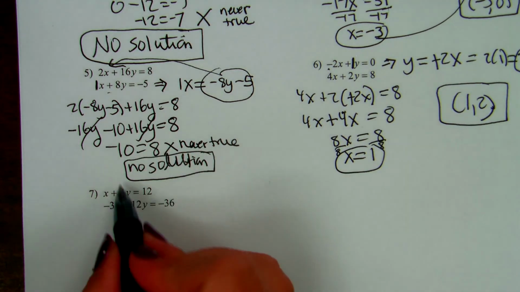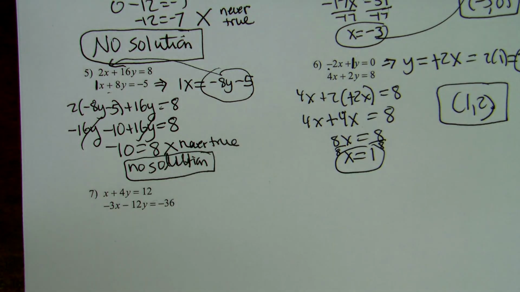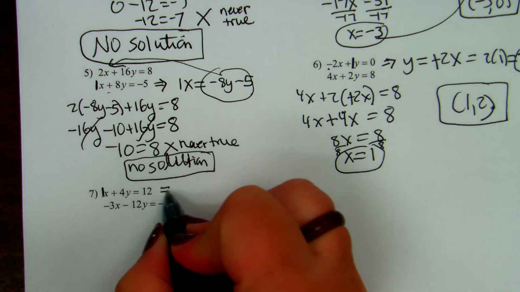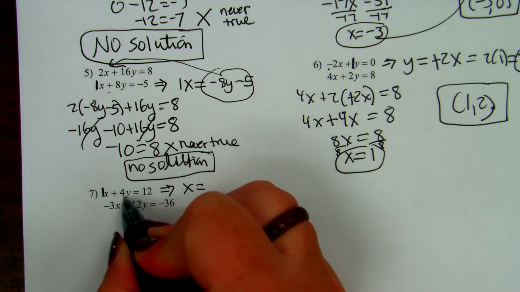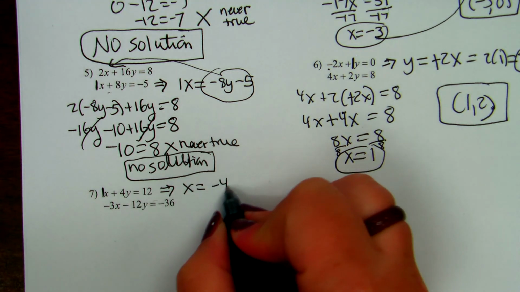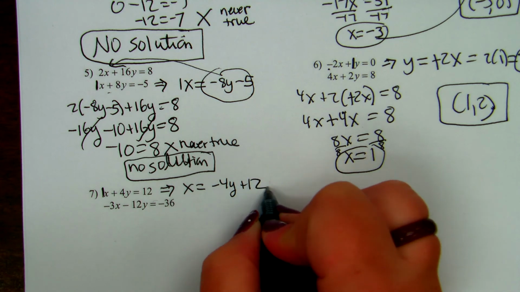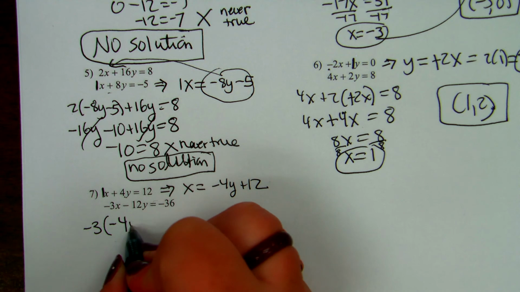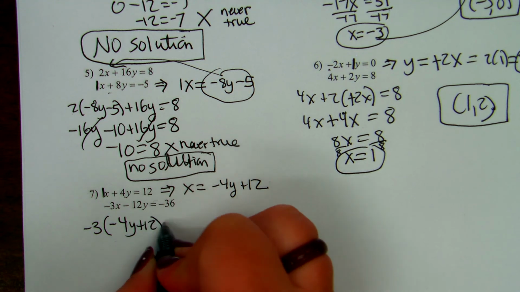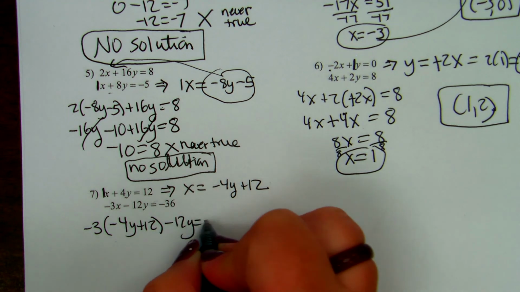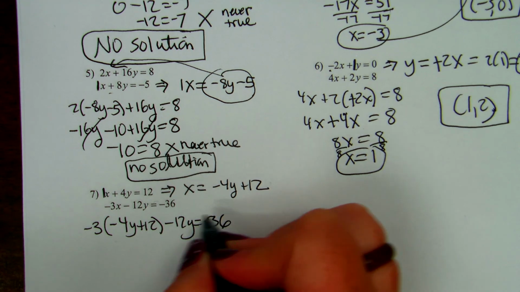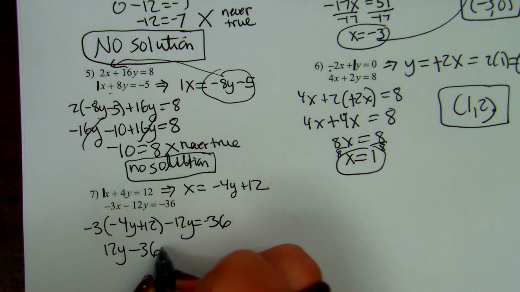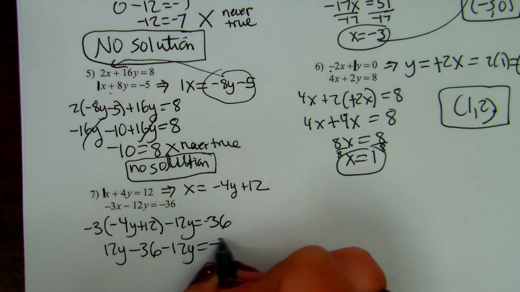So which one should we solve for here? This has a 1x. So 1x equals, subtract 4y. Wherever there's x, you put negative 4y plus 12. So we multiply and we get 12y minus 36 minus 12y equals negative 36.